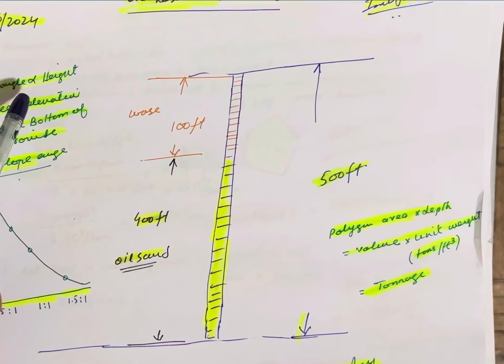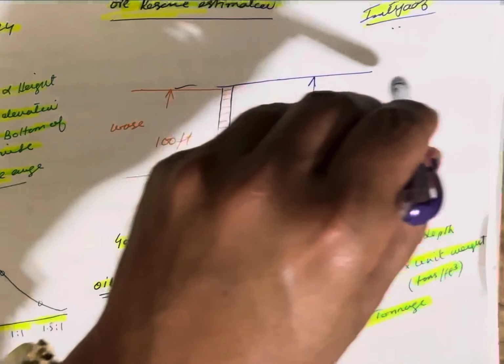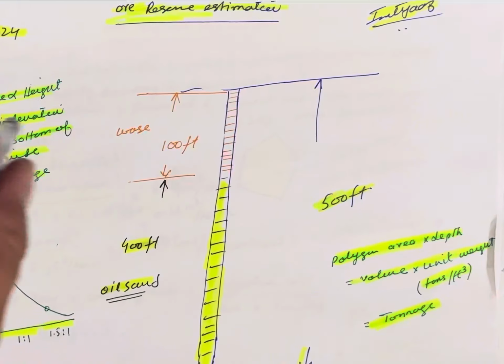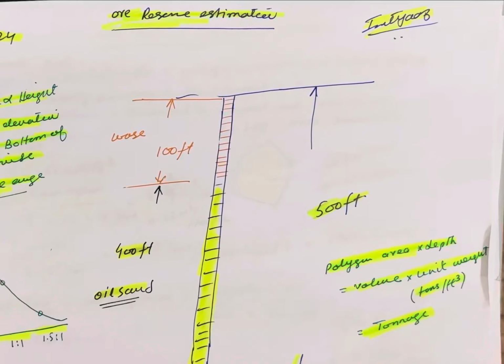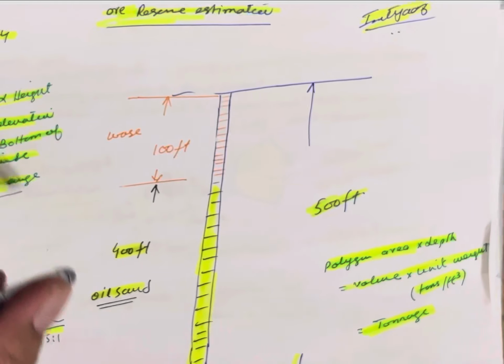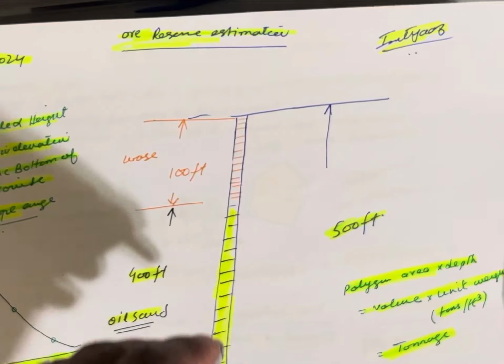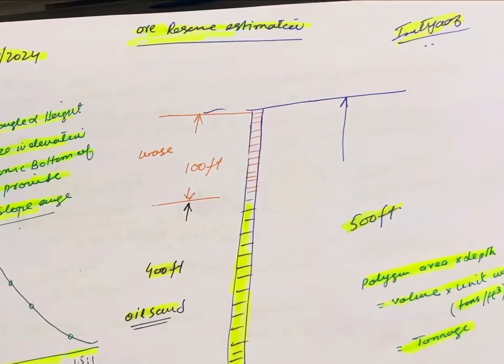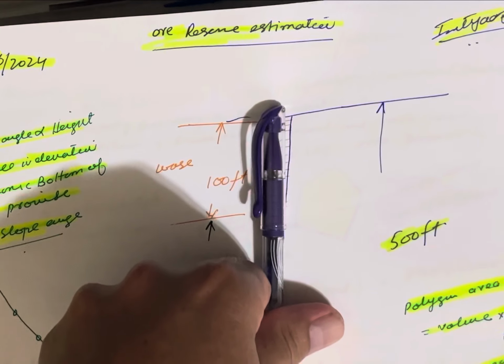So the slope angle is directly proportional to the height. For the whole pit mining, let's say 1,000 feet square or 2,000 or 5,000 feet square of mine, and the economic limit, the slope angle is directly proportional to the height. Let's say it's 500 feet.